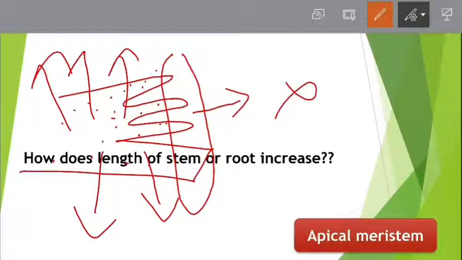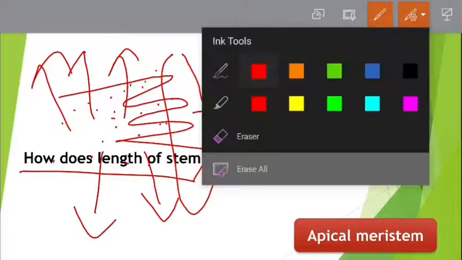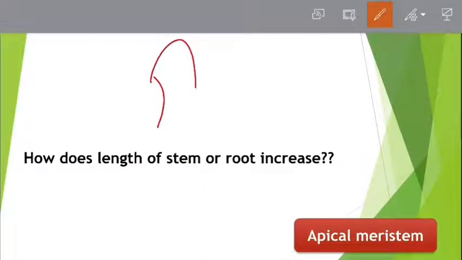But in plants the growth is at a certain location, and this localized growth is the special characteristic of plants.